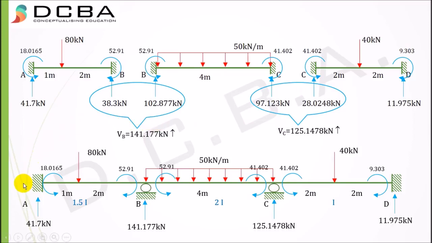Drawing the beam again, you can see we have all the reactions here, including the moments and the vertical reactions at all the supports. This is what we require to construct our shear force diagram.